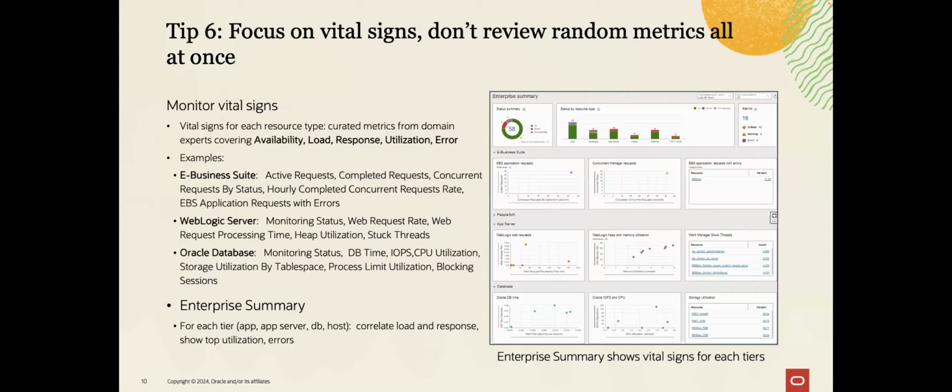With this in mind, we've built the enterprise summary to show you those key vital signs across each tier. Applications, including EBS and PeopleSoft, App Server, Database, and Host. And within each of those tiers, performance charts allow you to correlate load and response across all resources. You can see resources with the highest utilization or errors. And later in this presentation, I'll give you a demo of how you can use the enterprise summary.